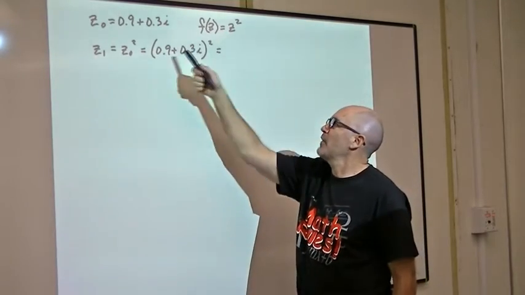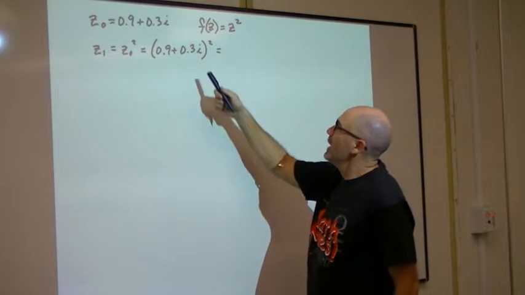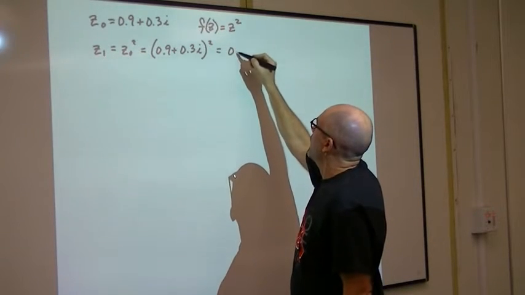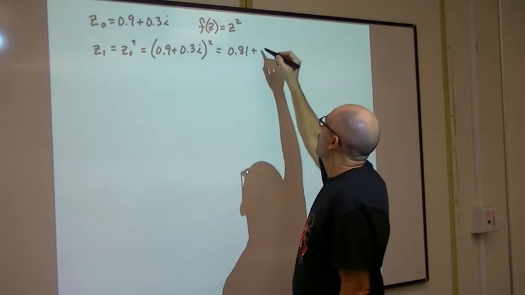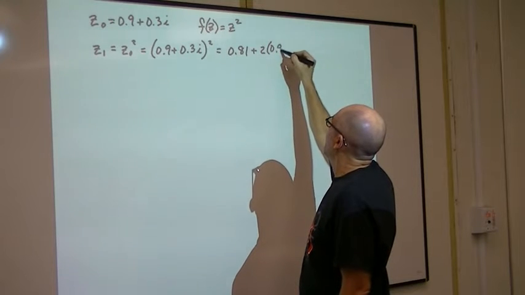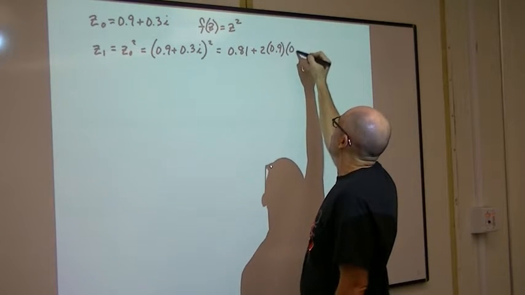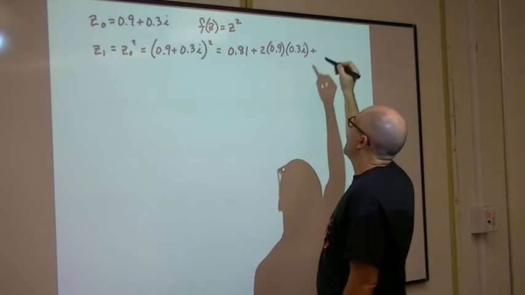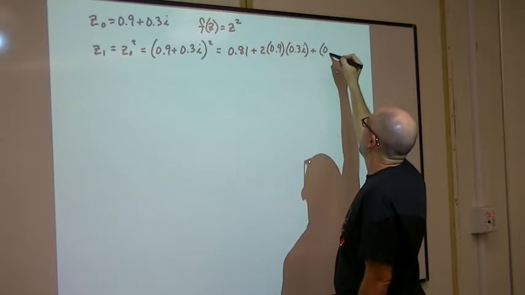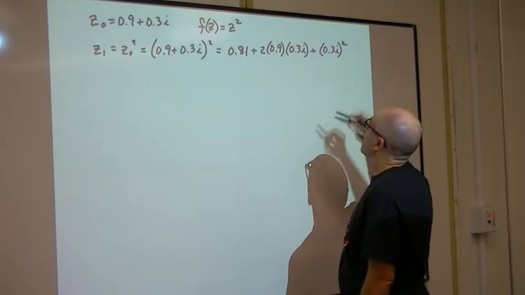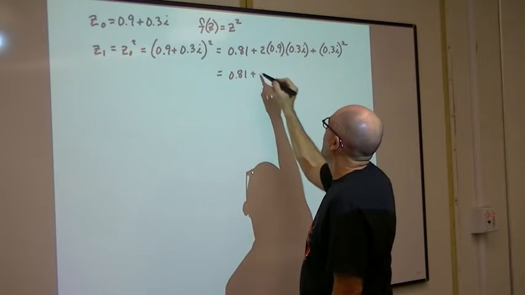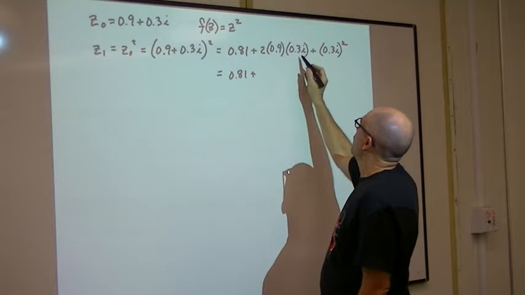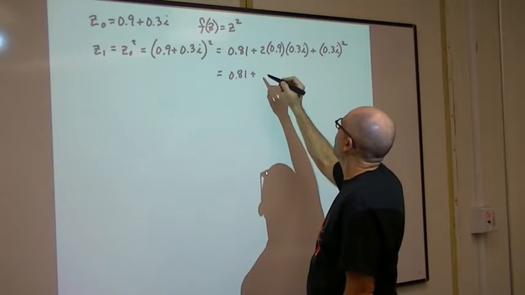Okay, clearly we don't just square that and square that. We have a middle term. So we have a squared, which is 0.81, plus 2ab, so 2 times 0.9 times 0.3i, plus 0.3i squared. So this equals 0.81 plus, let's see, 2 times 0.3 is 0.6 times 0.9 is 0.54.